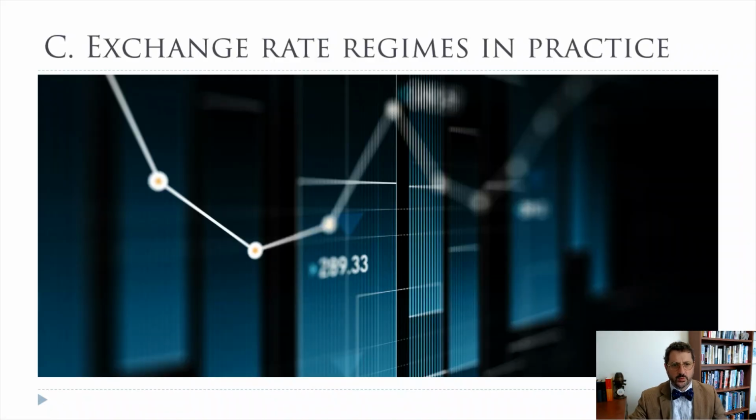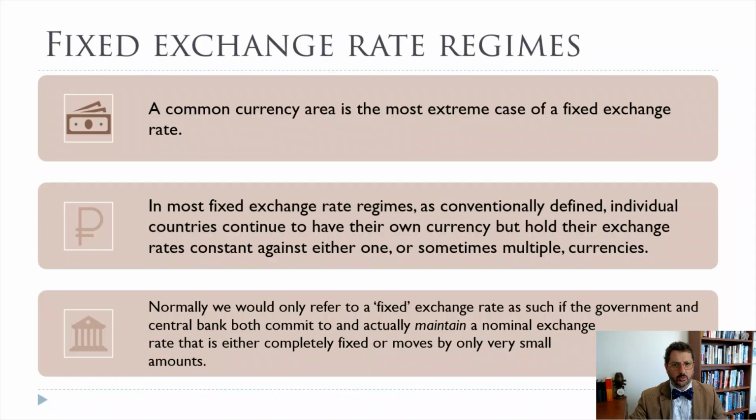And so first we want to look at exchange rate regimes in practice. We've talked about a common currency area like the Eurozone as our most extreme example of a fixed exchange rate. But that's not how most fixed exchange rates operate, right?